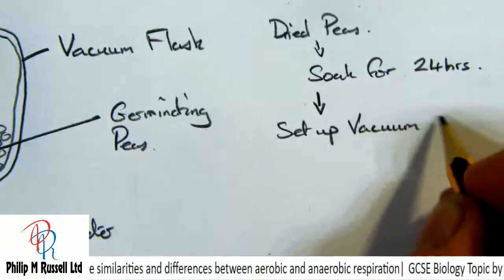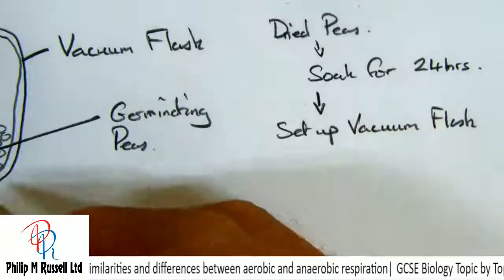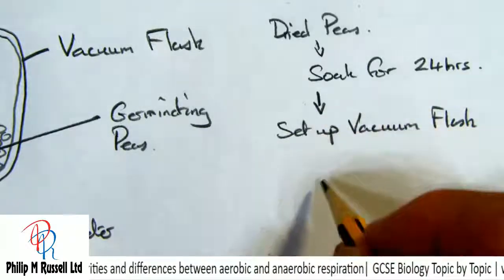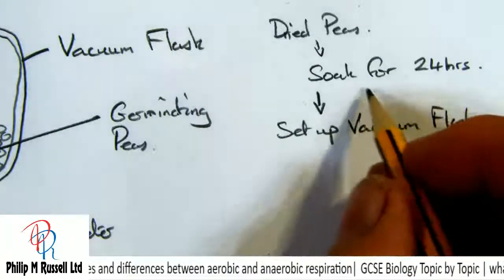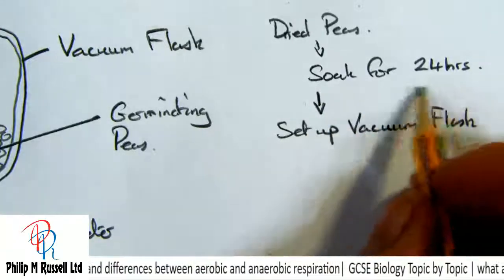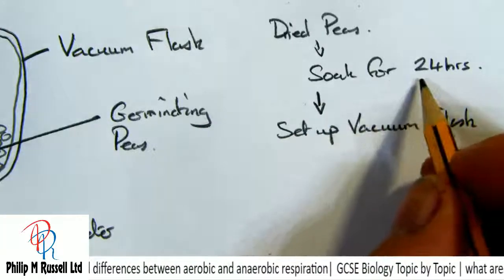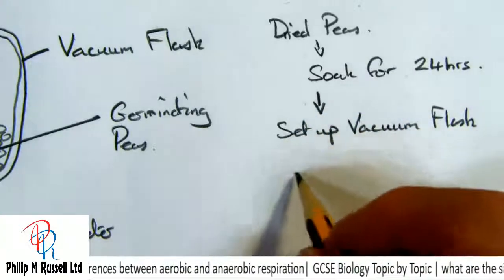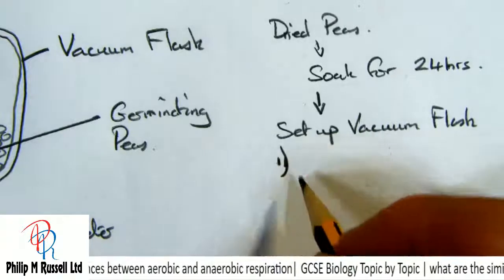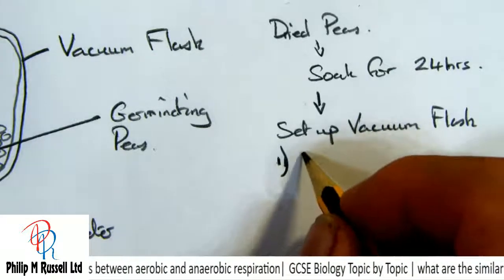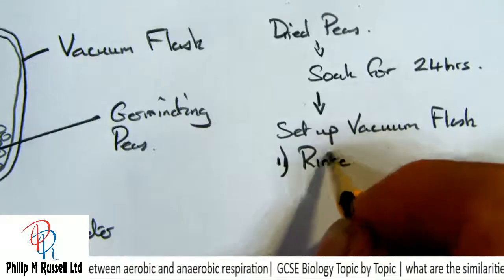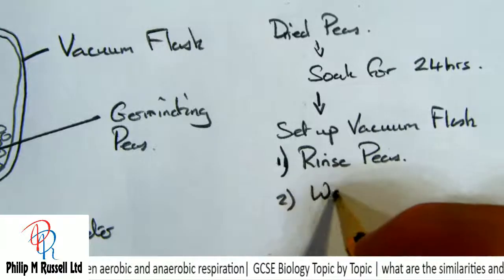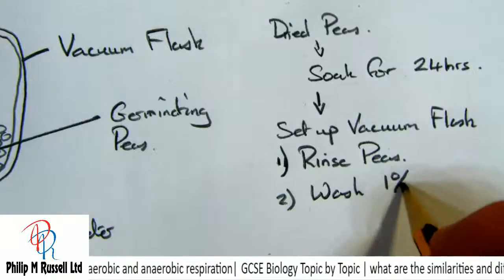Then you'd set up your vacuum flask with the germinating seeds in there. Now what you will need to do is make sure that before we do this we actually clean the seeds, and once we've done that, to set up the vacuum flask, first of all, I would rinse the peas. Second, I'm going to wash them in about 1% bleach.